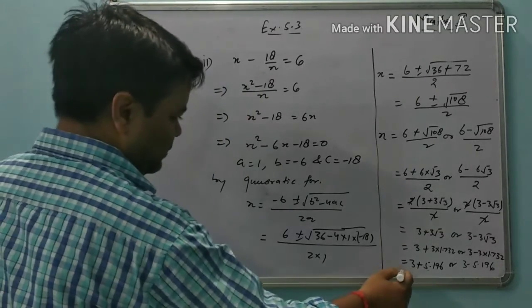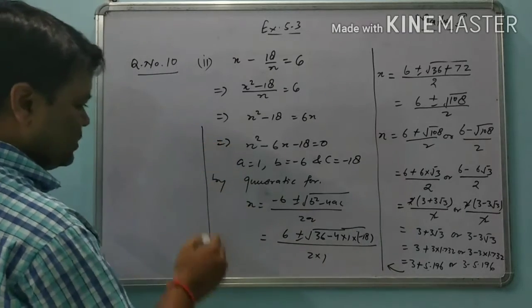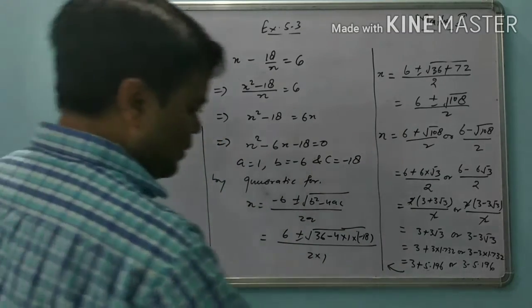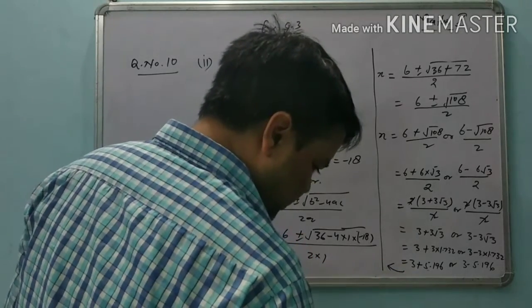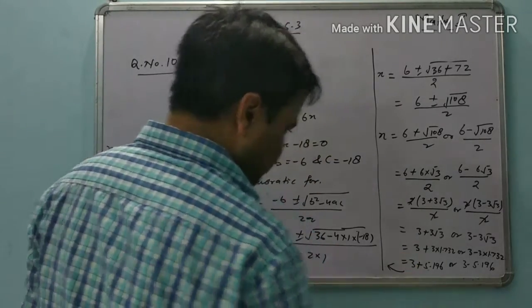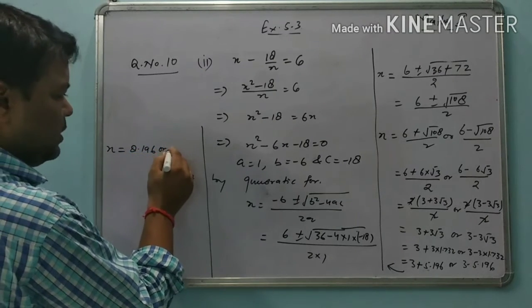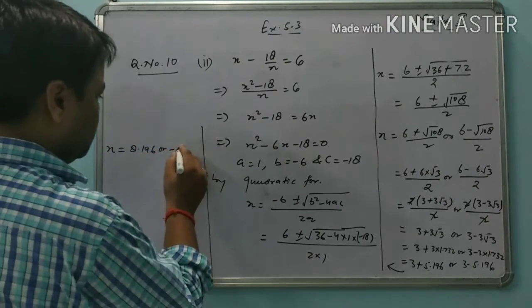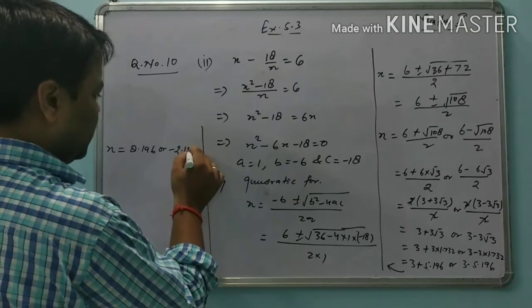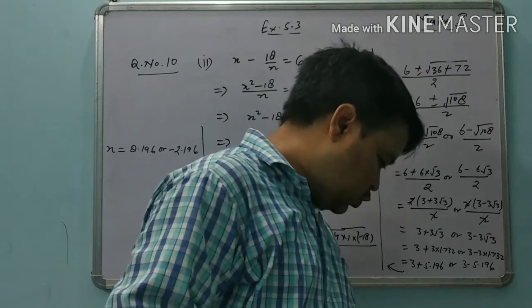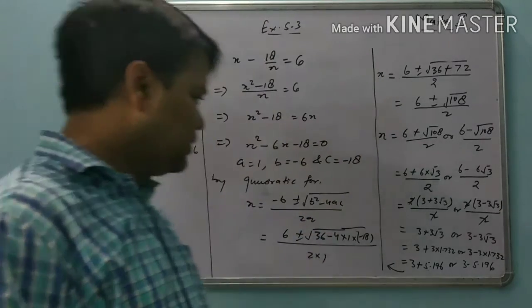After that, here onto this side, x is equal to 3 plus 5.196, which is 8.196, or 3 minus 5.196, which is minus 2.196. The values are 8.196 and minus 2.196.